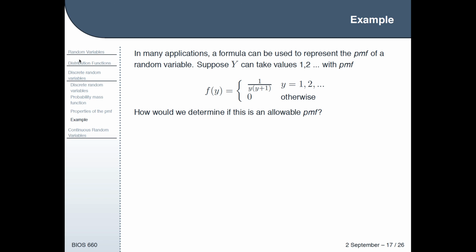And more generally, if B is any subset of R with measure 0, then the probability that y is in that particular set of measure 0 is going to be equal to 0 as well.